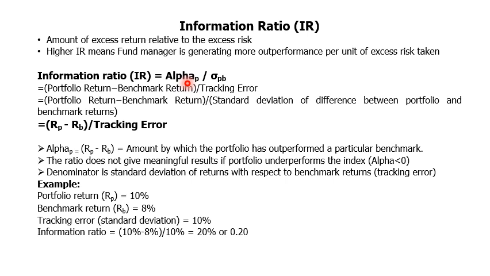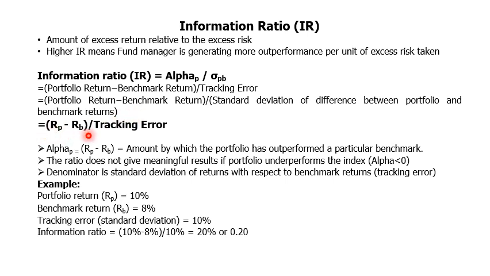The denominator is the standard deviation of returns with respect to the benchmark returns. This is also known as the tracking error. Therefore, the information ratio formula becomes portfolio return minus benchmark return divided by the tracking error, or portfolio return minus the benchmark return divided by the standard deviation of the difference between the portfolio and the benchmark returns.